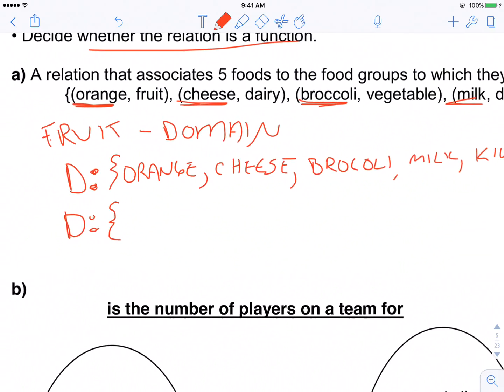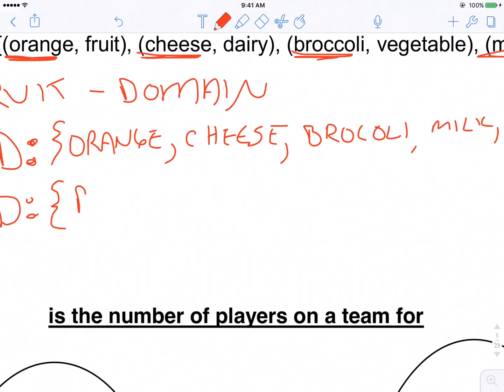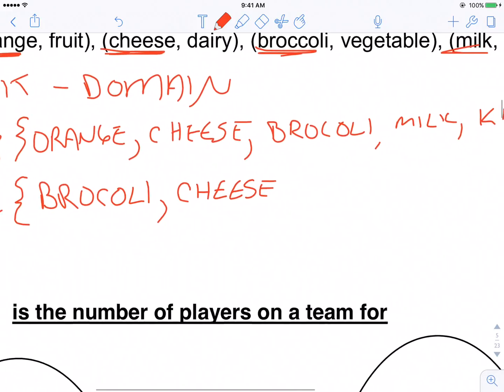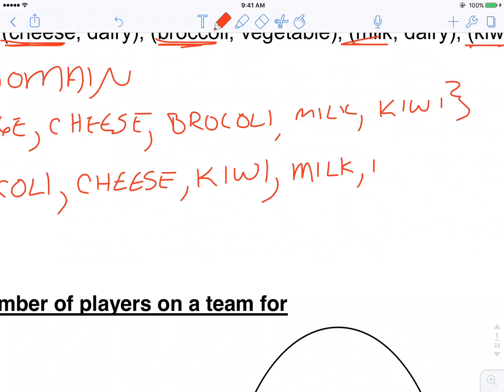There we go. Alphabetical order would be broccoli, cheese, A, B, C, D, E, F, G, H, I, J, K, kiwi, milk, and orange.